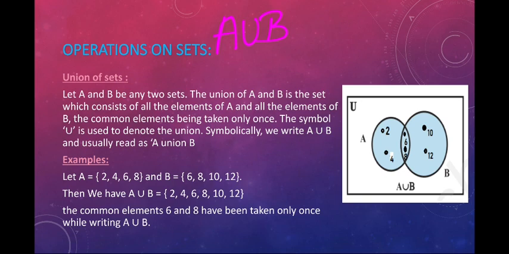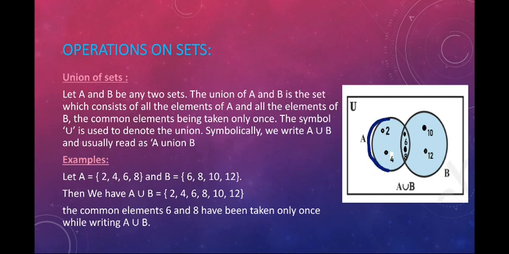And what do we mean by union? Union is the collection of all the elements of A as well as B. So we will discuss an example. Suppose A is the collection of the elements 2, 4, 6, 8 and B is the collection of 6, 8, 10, 12. Look at the diagram.